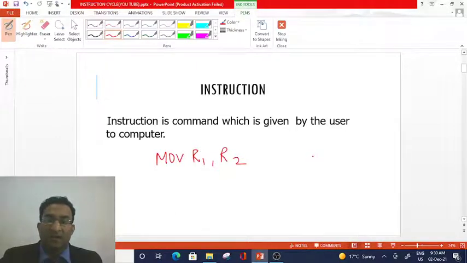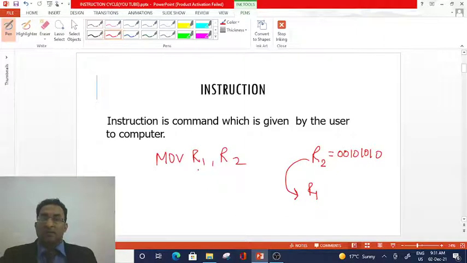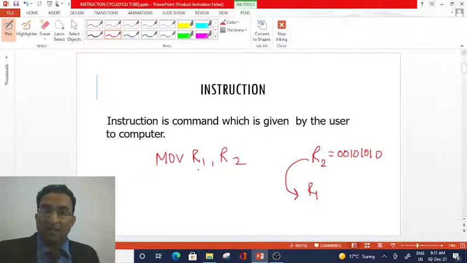That means if R2 is having 00101010, this is an 8-bit register, so the value of R2 is transferred to the R1 by this instruction. So basically instructions are the command to the processor to perform some task.